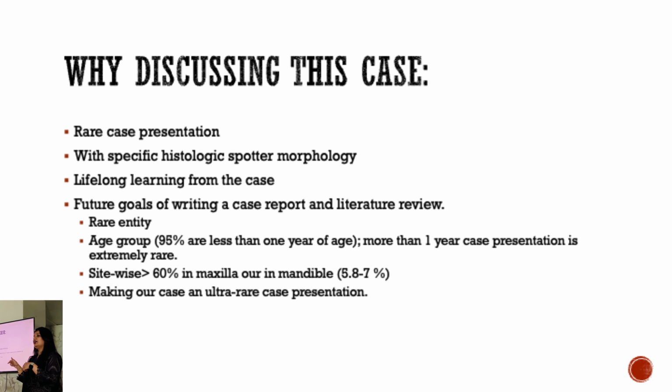Interestingly, how our case is further rare than the normal rare entity is that normally it's in less than 1 year of age, but clearly our case is more than 1 year, it's in a 4-year-old boy. That makes it further very rare. Additionally, most commonly from the craniofacial region, it occurs in the maxilla, so very few cases, up to 7%, have been seen in the mandible. So our case would be an addition to them, and that makes it an ultra rare case presentation.